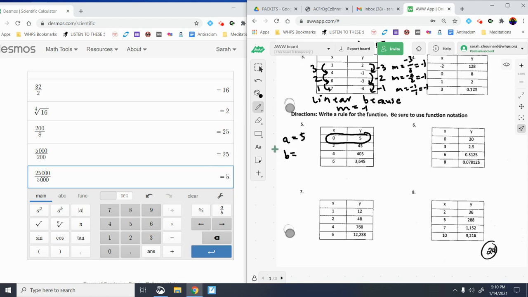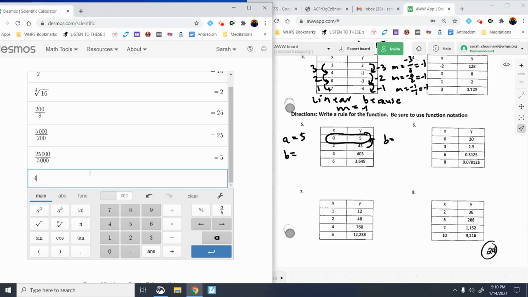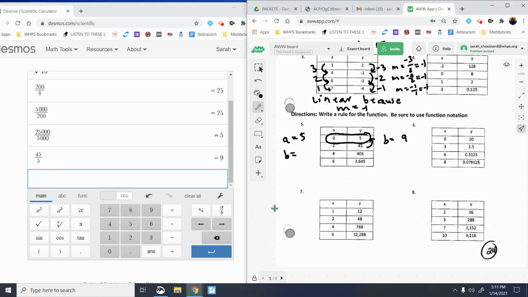I need to calculate b, so I divide by what came before. 9 is what I multiplied by, but the index needs to be 2 because x increased by 2.